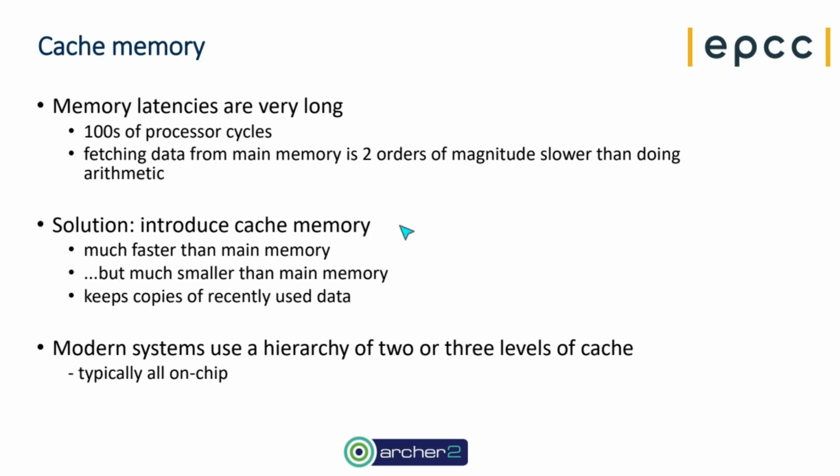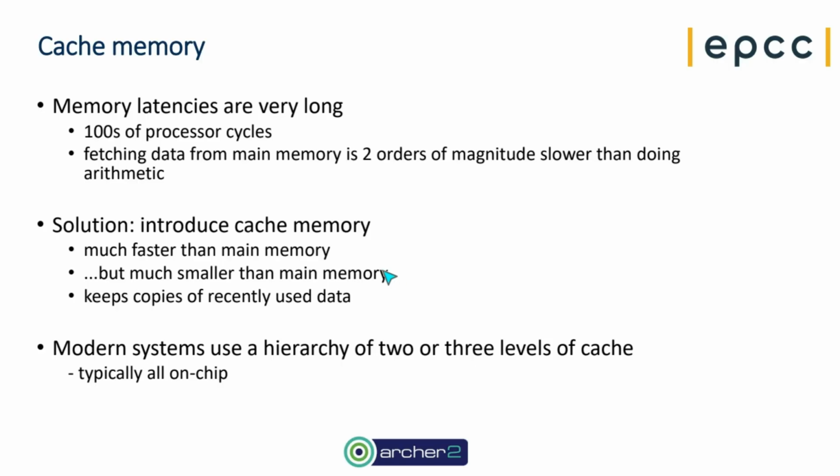So the solution, or at least partial solution to this problem, is to introduce cache memory. This is a small amount of memory placed between the CPU core and main memory. It's much faster than main memory, but in order to achieve that, it's also very much smaller.